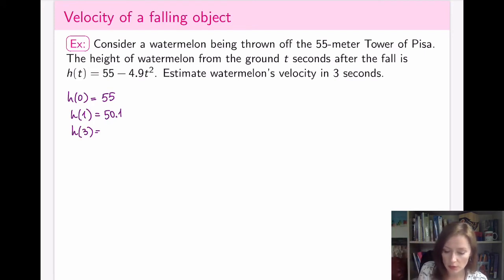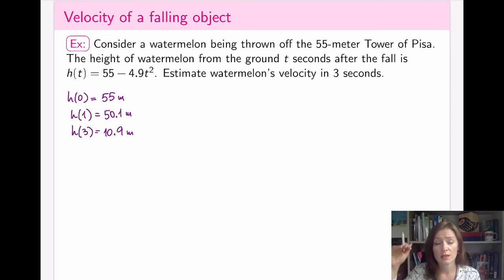And if I compute it at 3, so plug in 3 for t here, I should get about 10.9. I hope my numbers are correct. And these should all be in meters. Now that makes sense too, right? So as the time goes on, the watermelon gets closer and closer to the ground. So I'm expecting my numbers to be closer and closer to 0, which would be the ground level. Excellent. Now what I would like to do here is estimate the watermelon's velocity in 3 seconds.